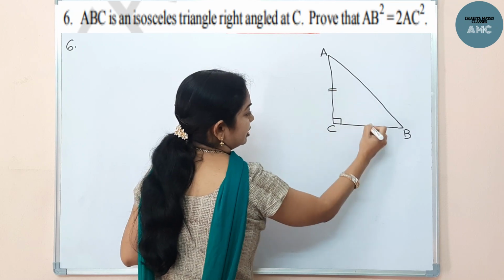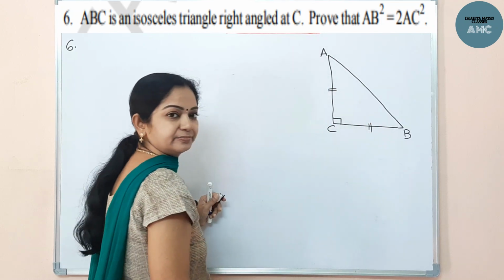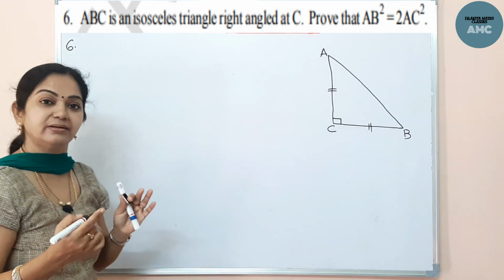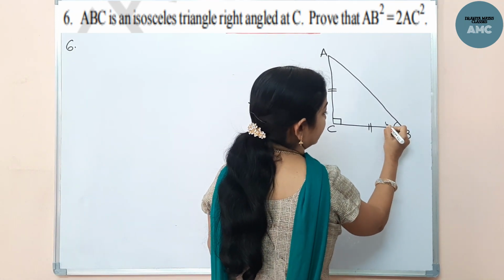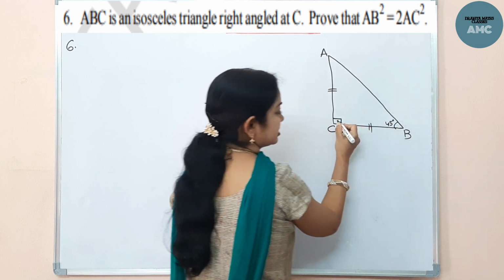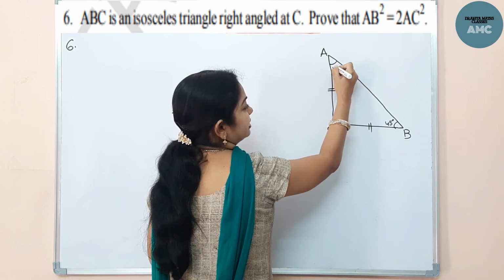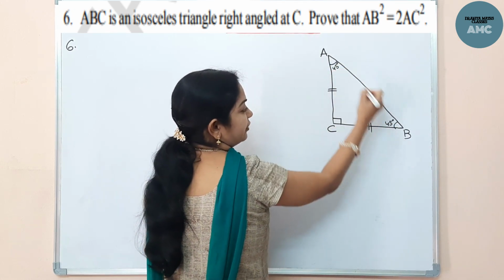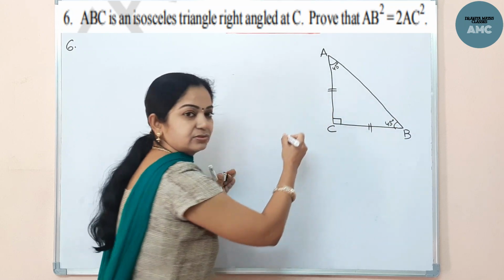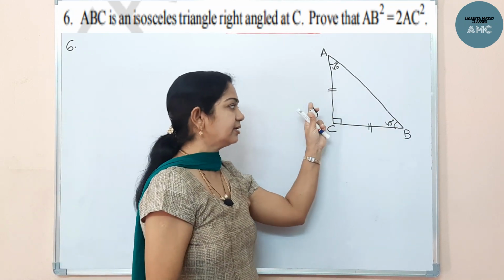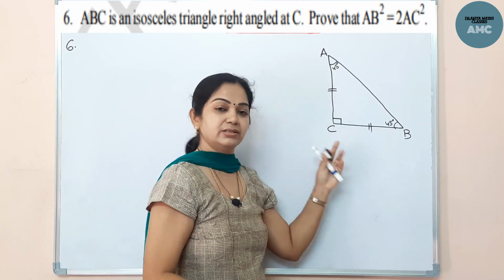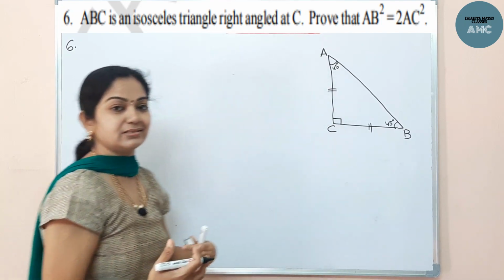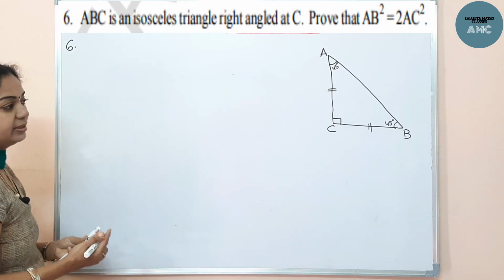That means these 2 sides are equal, isn't it? Why are the 2 sides equal? Because here this is clearly 45 degrees because this is 90. So these two are 45 and 45. The angles are equal, so the sides opposite to them must also be equal. So it is an isosceles triangle, whereas it is an isosceles right angle triangle.